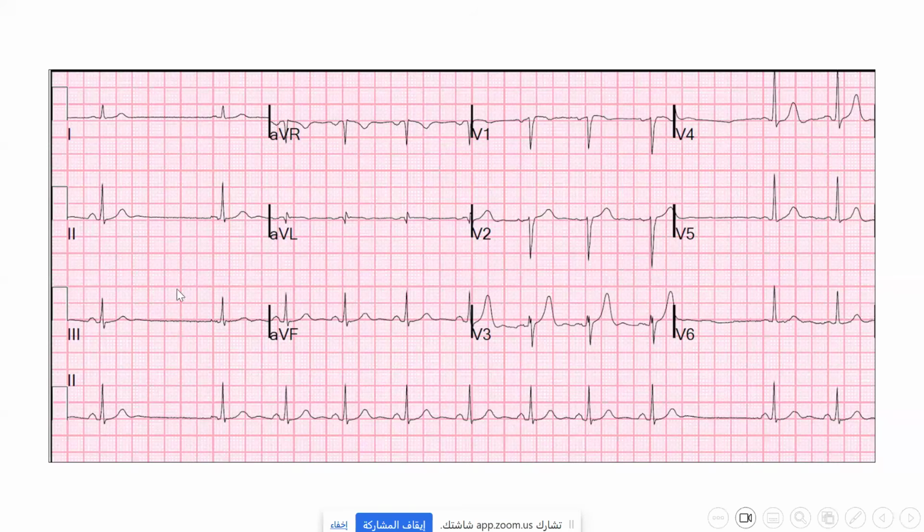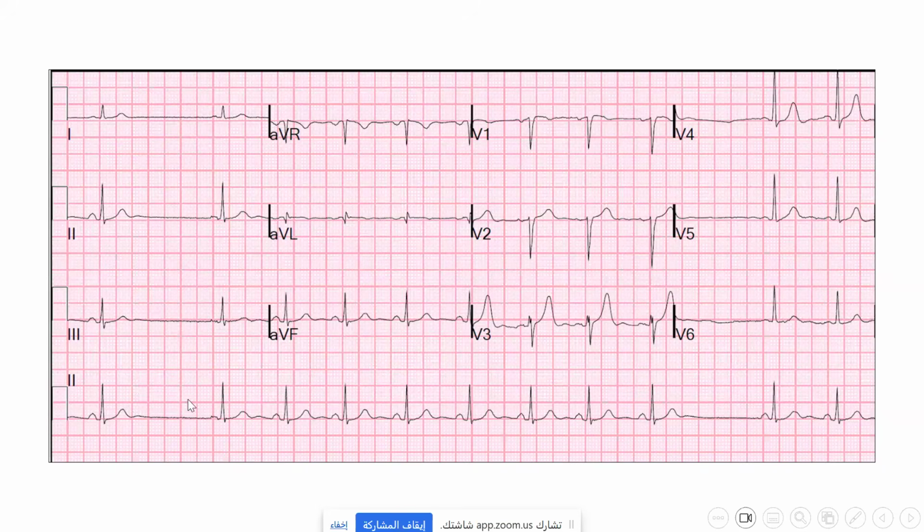So how can we prove this? The pause should be double the PP interval. If you calculate from here to here, it is usually double. For example, from R to R, 1 2 3 4 5 6 7 and a half here, and here also 7 and a half. The pause is 7 and a half.